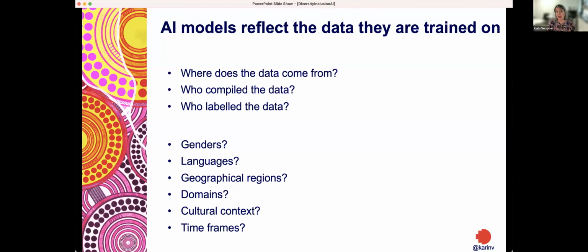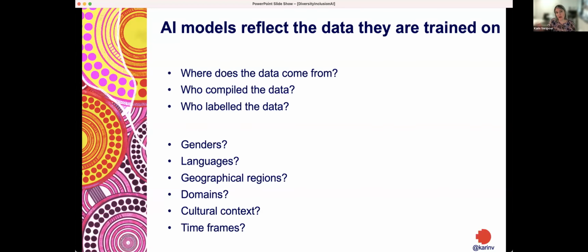Another point is that the AI models, of course, when they're data-based, which is the vast majority these days, reflect the data that they are trained on. And we have to ask ourselves, where does the data come from? Who compiled the data? Who labeled the data? We're obviously hearing a lot about unsupervised learning from data, but there's an incredible amount of labeling and supervision that is still being used and often not really talked about in any kind of significant way.